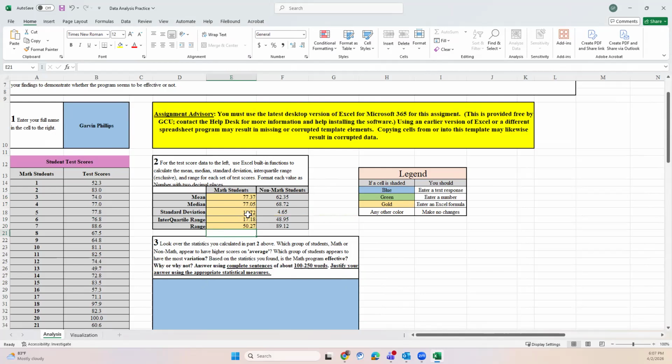Let's see. So remember the 68, 95, 99.7 rule says that within one standard deviation, 68% of our scores are. Well, if I take this from my mean, that's 66. If I add this, that's 88. So that means 68% of my students scored between 66 and 88. That's pretty good.